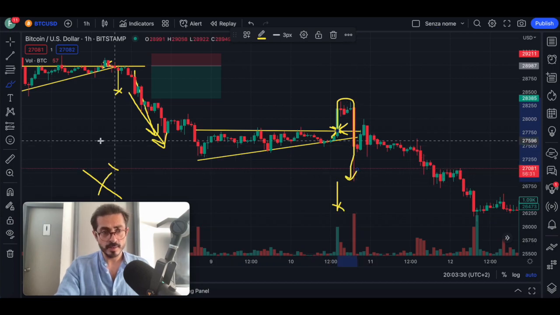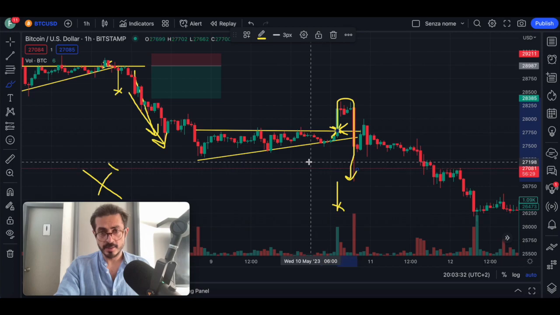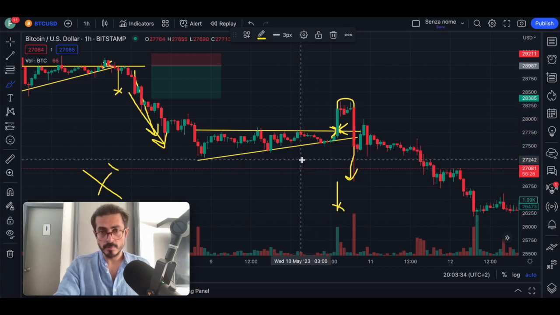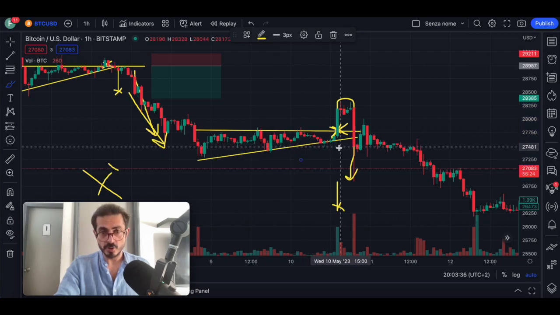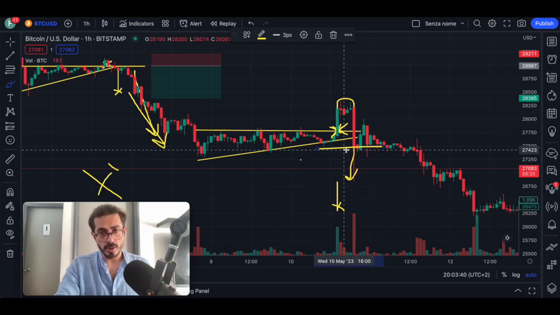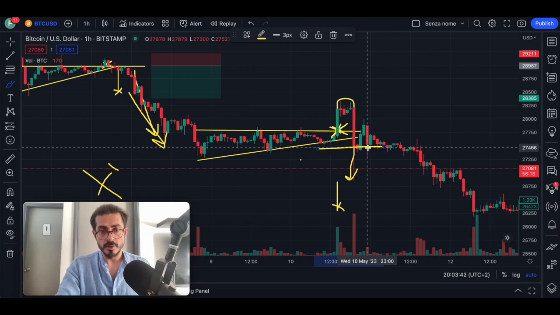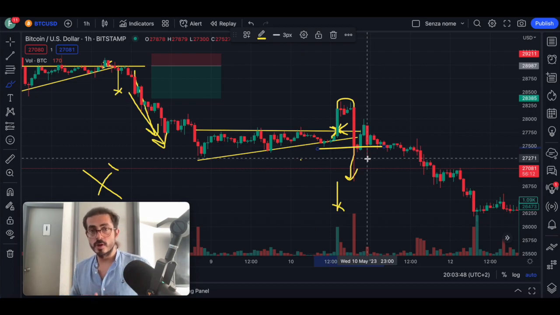If he instead would have set a stop loss below the ascending trend line, he would have just got a small little loss. So always use a stop loss, guys. This is very, very important.